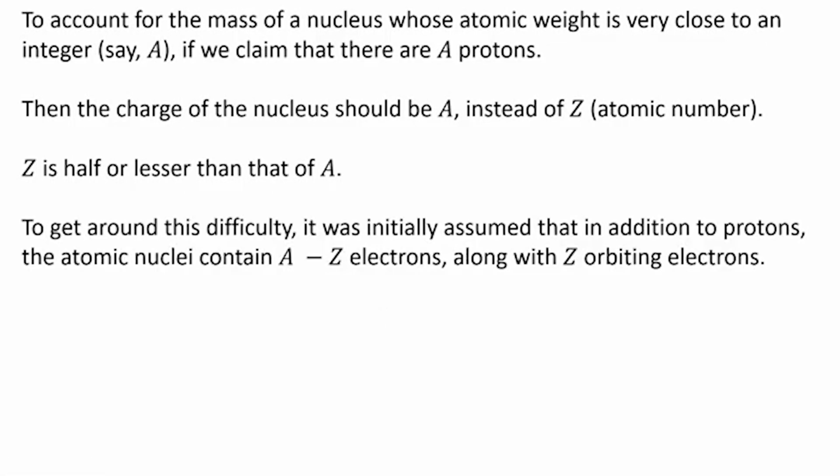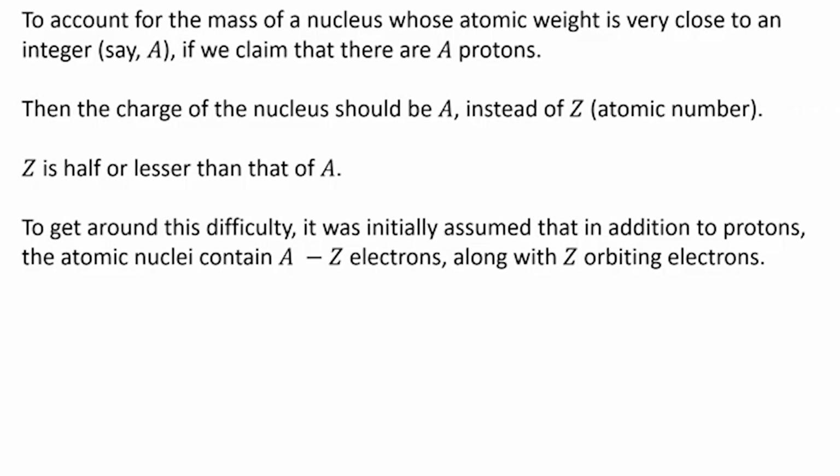So how do we get around this difficulty? It was initially assumed that in addition to protons, the atomic nuclei contain A minus Z electrons, along with Z orbiting electrons.